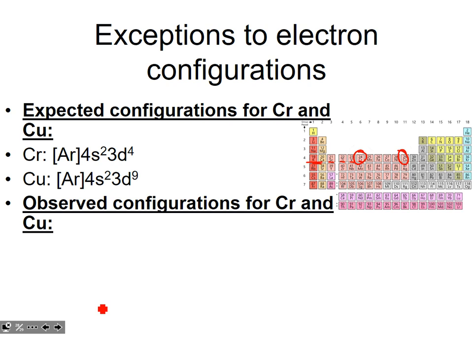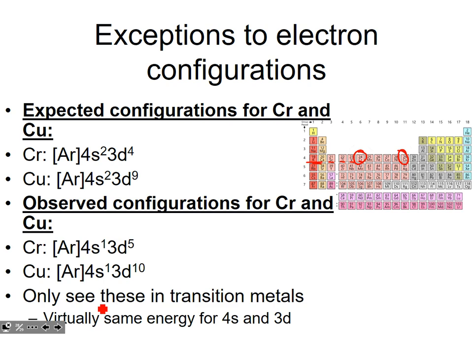So the actual configurations for chromium and copper are these. Chromium is 4s1, 3d5, and copper is 4s1, 3d10. Now, the chromium one, we're going to attribute to the nature of the electron-electron repulsion, because if I just look at the valence shell, the outermost electrons in chromium, 4s2, 3d4, that's what you'd expect.